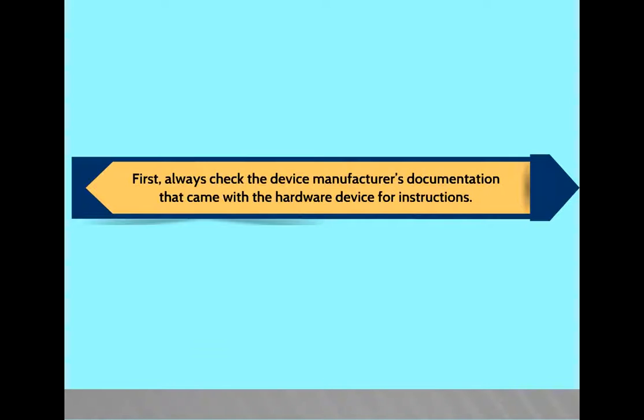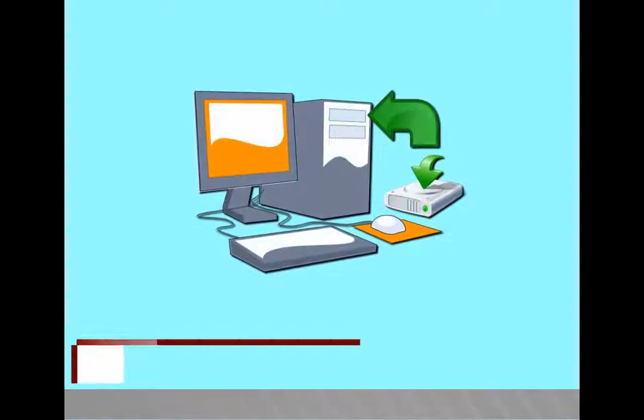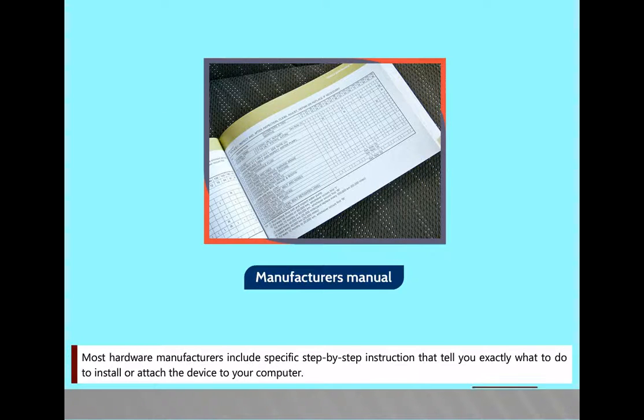First, always check the device manufacturer's documentation that came with a hardware device for instructions. Most hardware manufacturers include specific step-by-step instructions that tell you exactly what to do to install or attach the device to your computer.